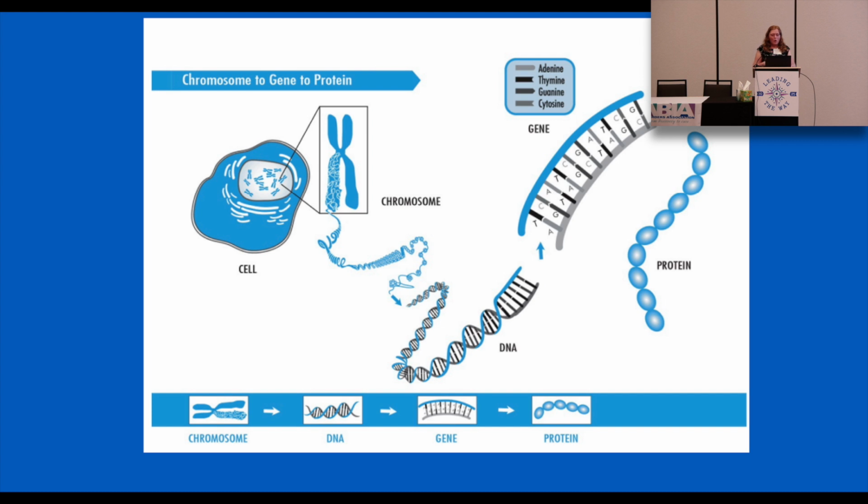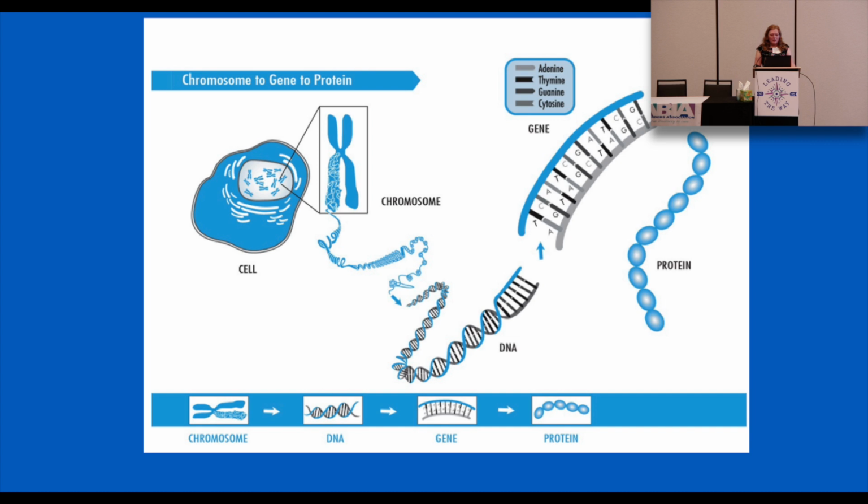The collection of all of the DNA together is called the genome, and that includes the genes that code for the protein as well as the non-coding regions of the DNA. This is a picture representation of the different levels of complexity.